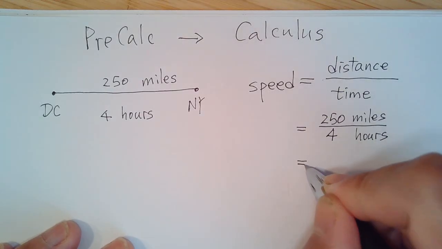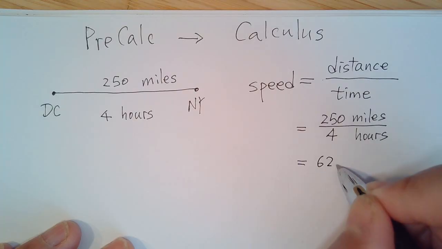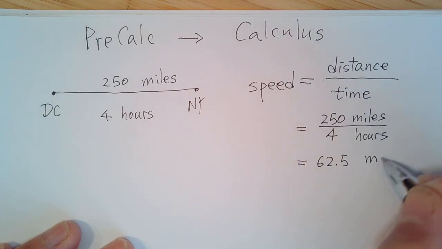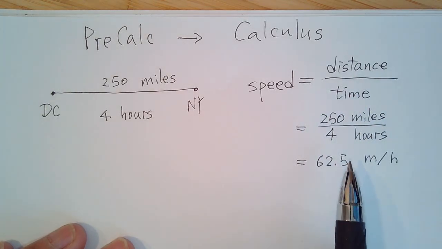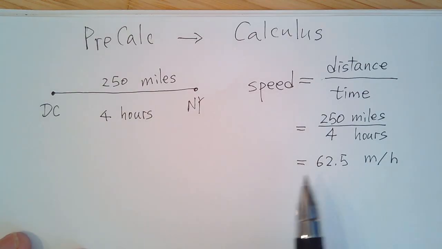And that would be 62.5 miles per hour. That's your average speed. This is what you learned in maybe, I don't know, elementary school or middle school or high school. So it's definitely before our time.